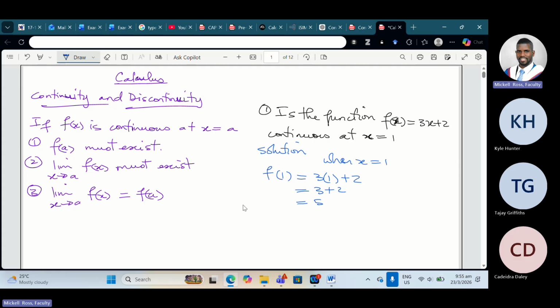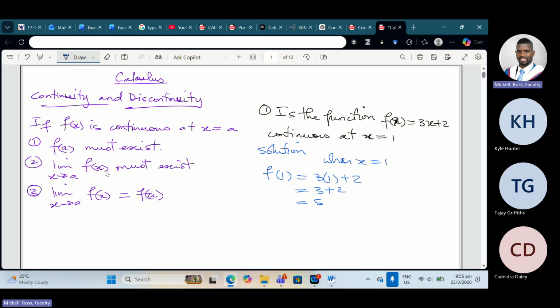So definitely we know that the function exists.